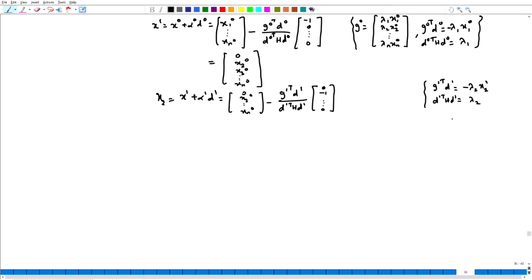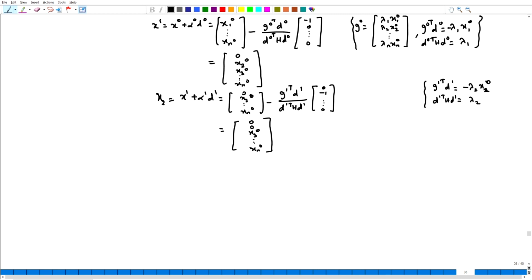So, this quantity is minus x 2 0, x 2 1 does not matter, but fine. So, the second quantity is now nullified. So, you get 0 0 x 3 0 dot dot dot x n 0.